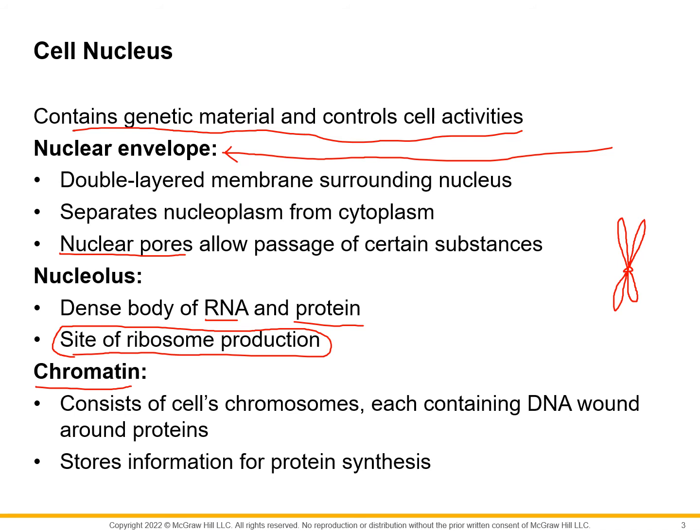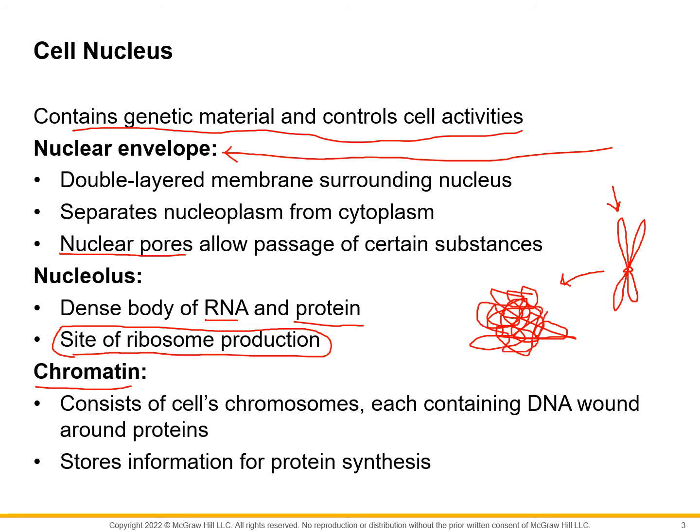Most of the time, the DNA is found in normal cell life as a long strand. Again, it's organized, it's not all just twisted around, but it's long, thin strands, and we call that chromatin.